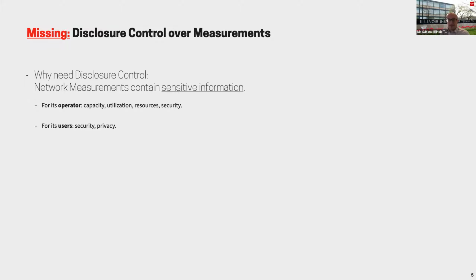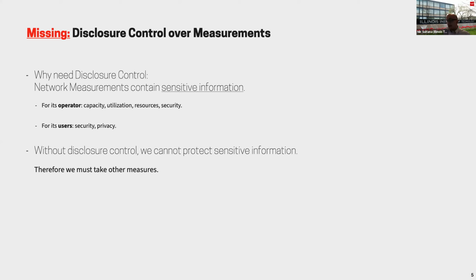There is a certain sensitivity around sharing data that's in the network because of the users of the network as well as the operators of the network. However, without having a more crystallized idea of what it is that we don't want to share, we can't really take a very surgical approach to protecting that.